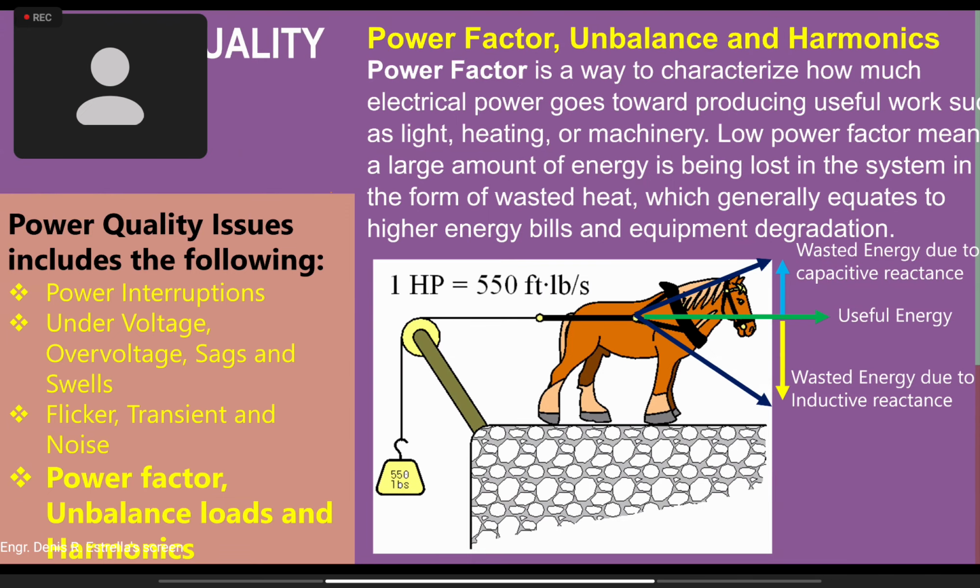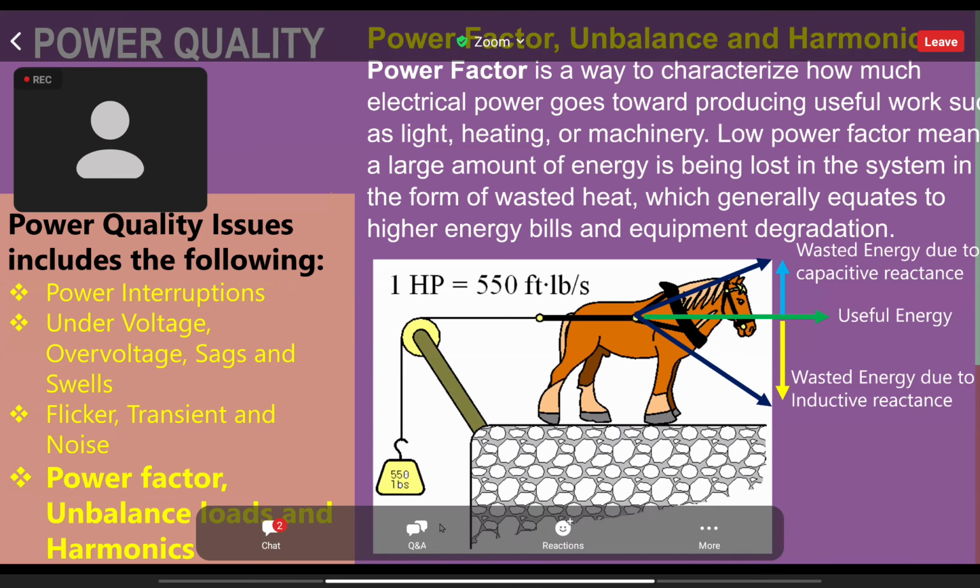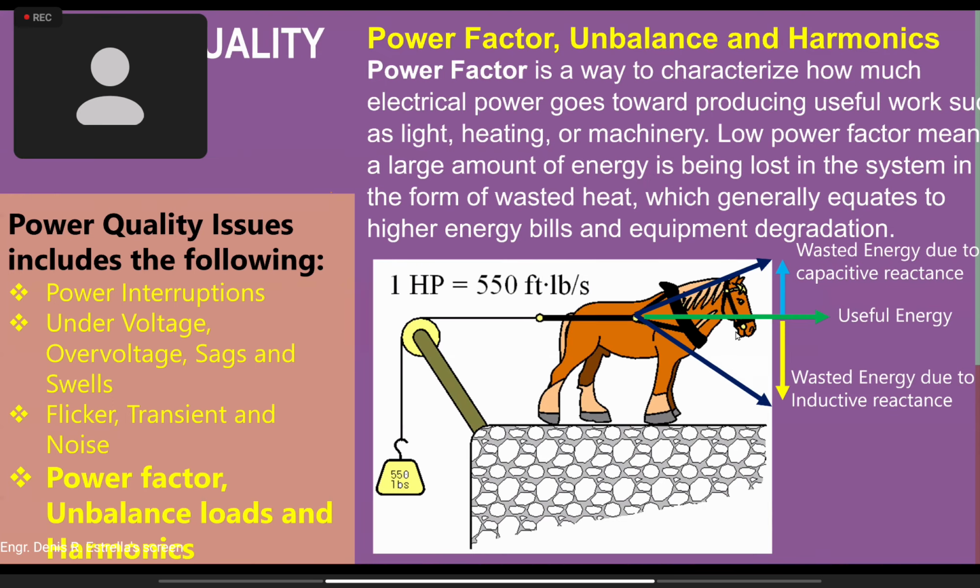So, meron tayong 1 horsepower load. If the pull of the horse is just purely horizontal, then the entire load carried by the horse is converted to useful energy. But that is not the case in the actual because of the presence of reactances.